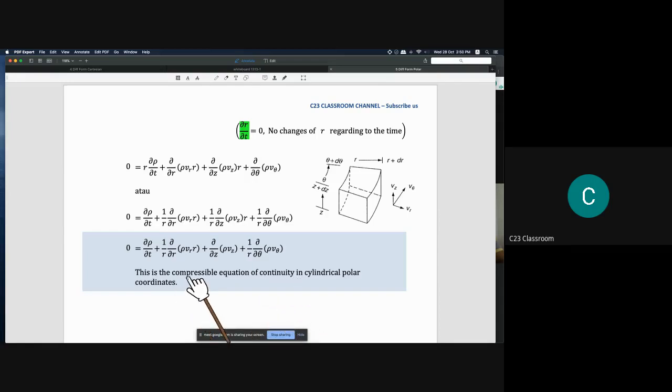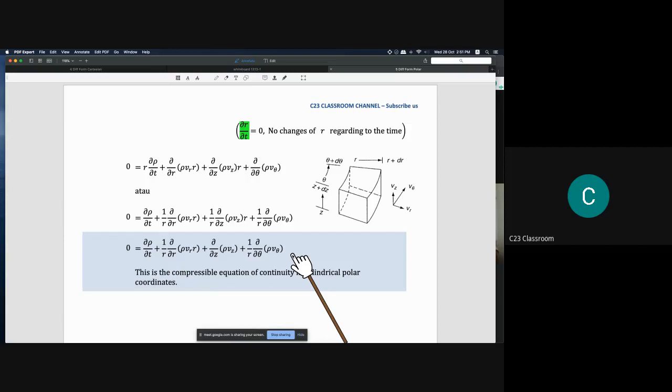So why we call it compressible? Because it's suitable for compressible and also for incompressible. But for incompressible, we will assume the value of the density derivative is equal to 0. So then we could simplify this equation more.